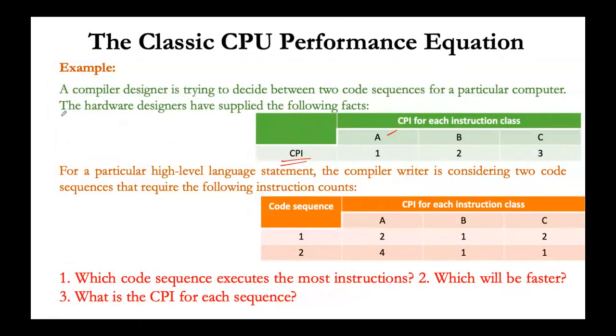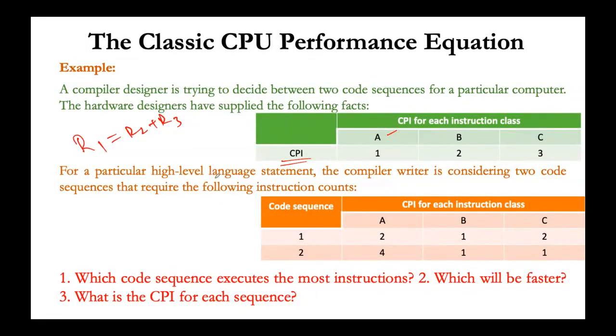That means for A, it requires only 1 cycle per instruction class. For B, 2 cycles means what? Suppose I have an instruction like R1 equal to R2 plus R3: computer A takes only 1 cycle, computer B takes 2 cycles, and computer C takes 3 cycles to execute it.